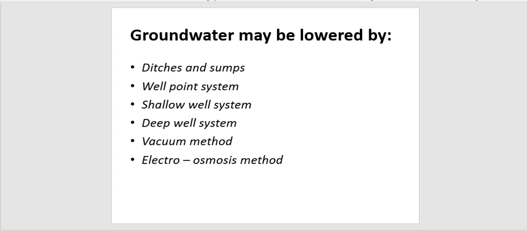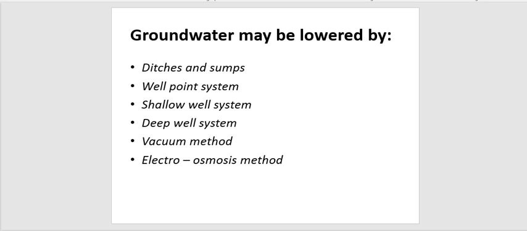Yes, as I told you earlier, when you experience seepage, it reduces strength. Of course, vice versa, if you drain the water, you increase strength. So that's why we drain every day.